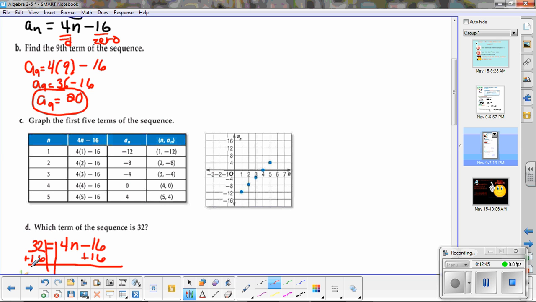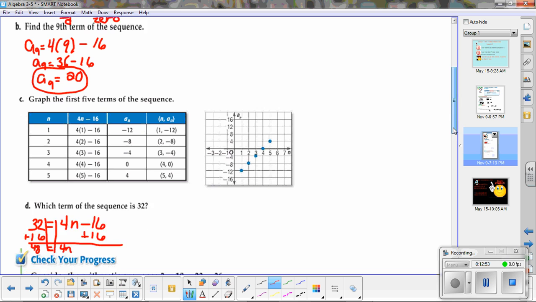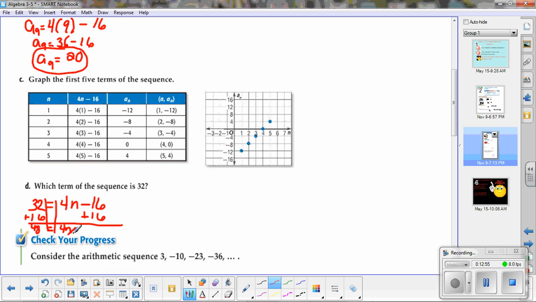So we're going to have 48 equals 4n. And then you're going to want to divide both sides by 4. I'm kind of running out of room here. 48 divided by 4 is 12. So the 12th term is 32.